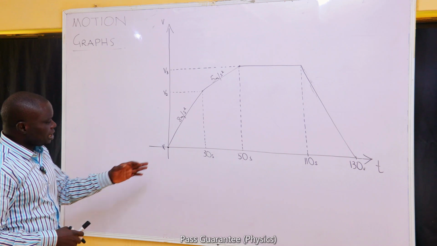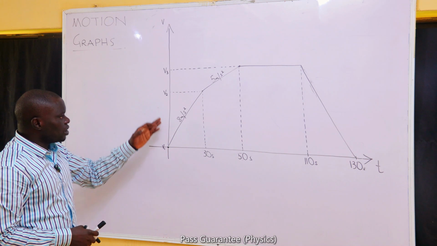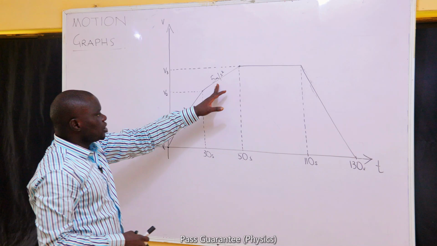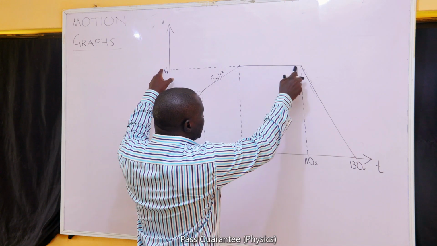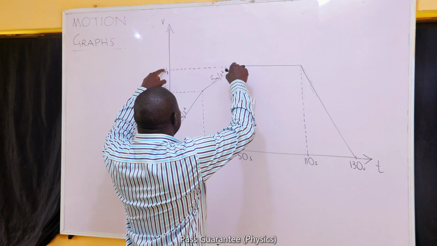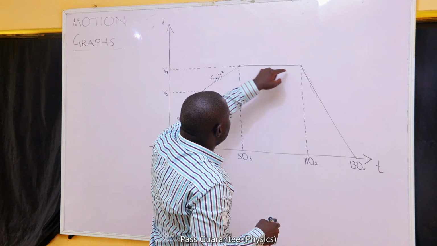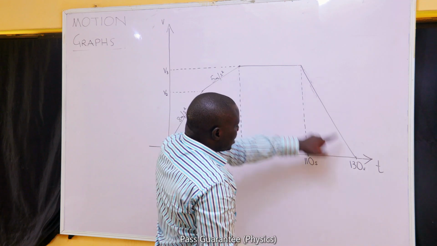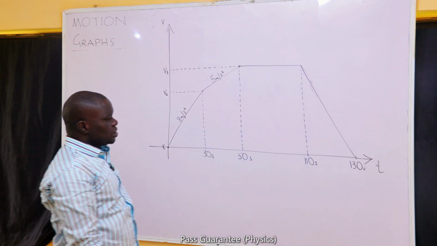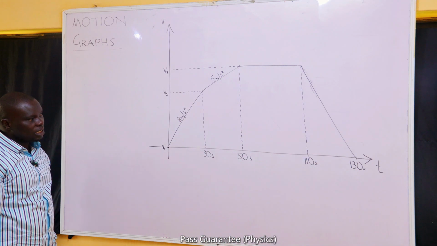The first acceleration moves from V1 to V2. The second acceleration moves from V2 to V3. The third, with acceleration 0, it stayed at velocity V3. Then when decelerating, it came from V3 back to V1. So that is the better way to represent this velocity time graph.